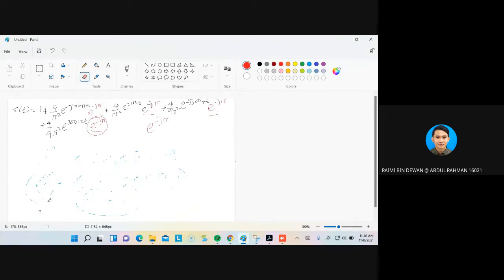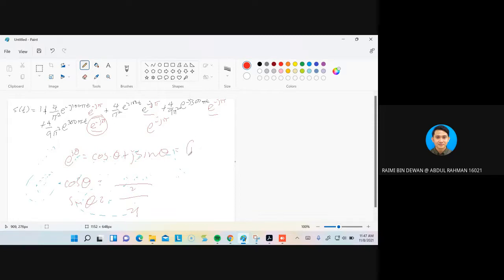Okay, good. You guys need to ensure practice makes perfect. You have this equation, Euler's theorem: cos theta plus j sine theta. Sometimes the question may be only one.